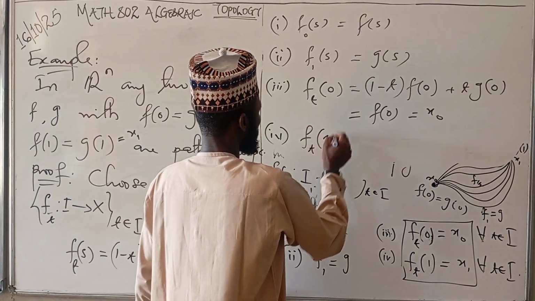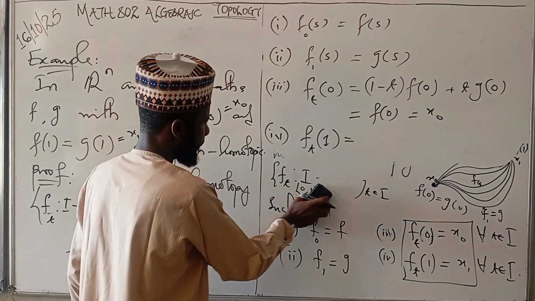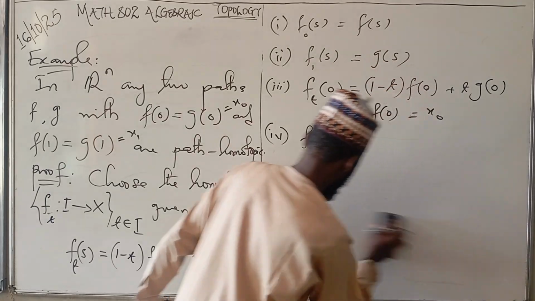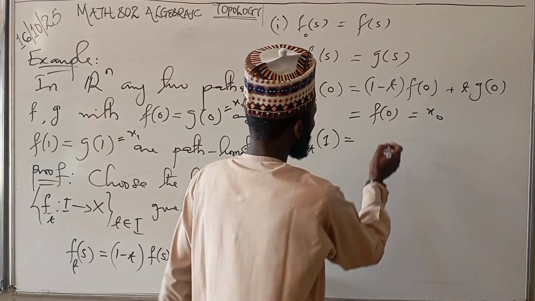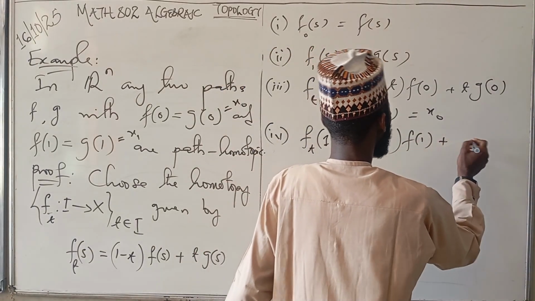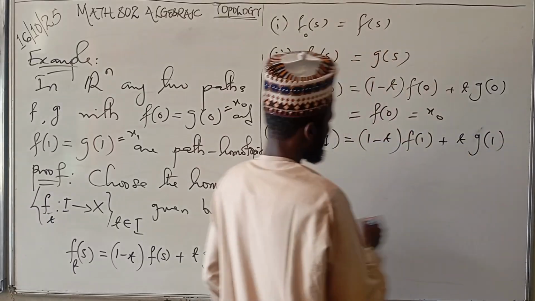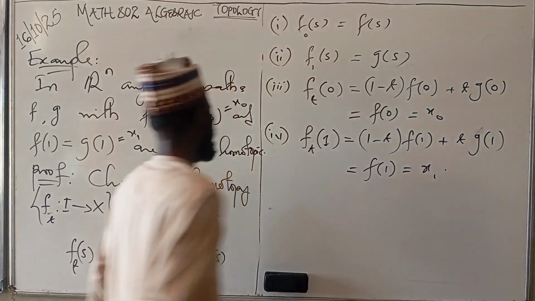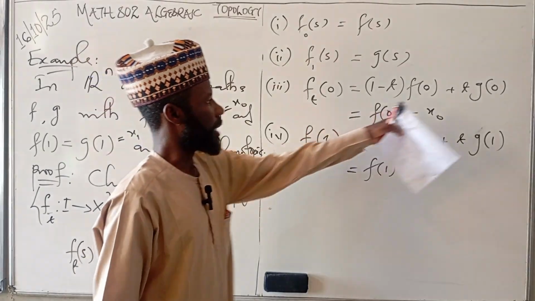So F_t of 1 should be equal to what? We should get x1. It will be (1 minus t) F of 1 plus t G of 1. Well, this is just like redoing the other one. So this is still F of 1, which is G of 1, and that is x1. So for all t, you always get x1.